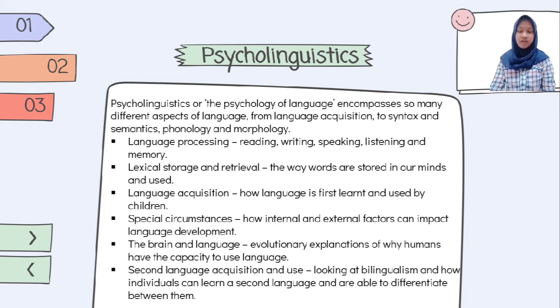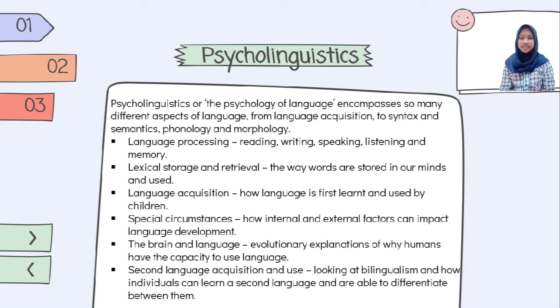Evolutionary explanation of why humans have the capacity to use language and the parts of the brain concerned with different areas of language, also considering whether or not non-human animals have the ability to use language too.